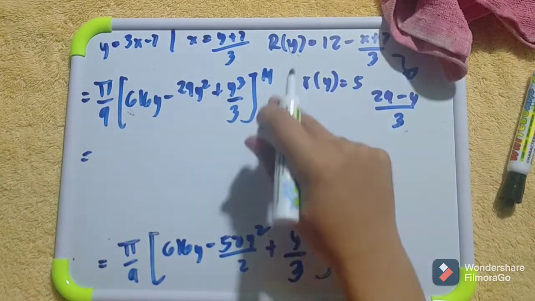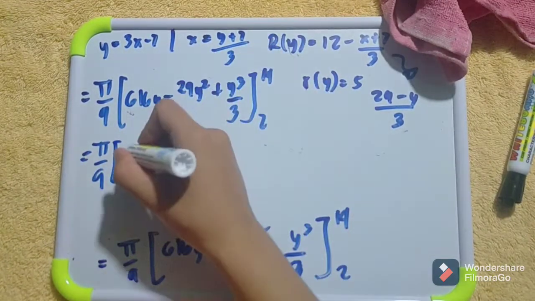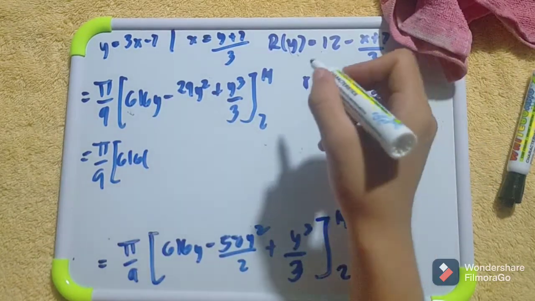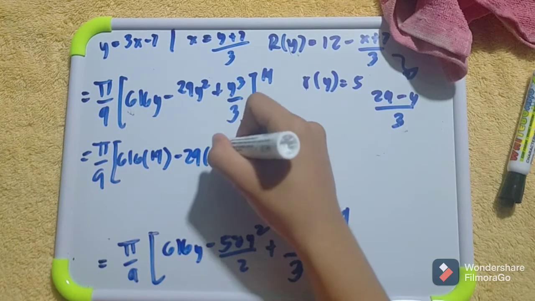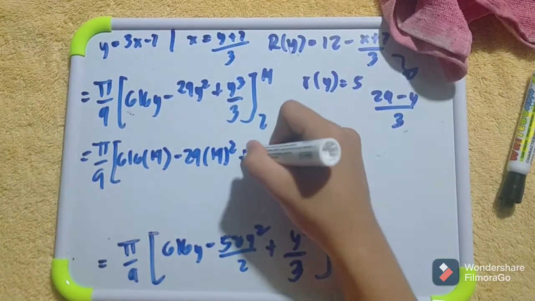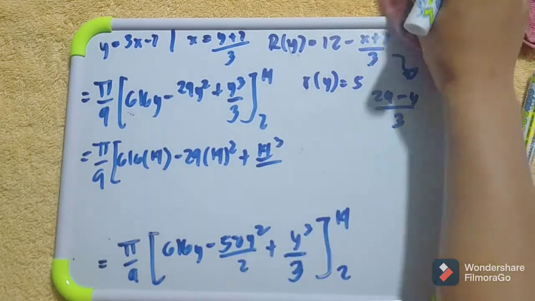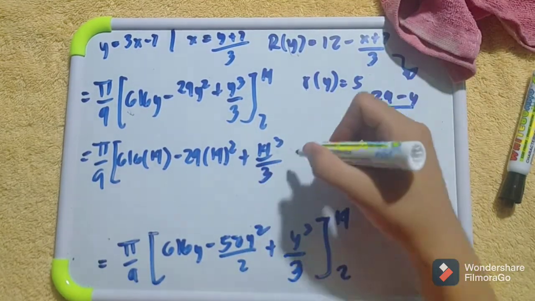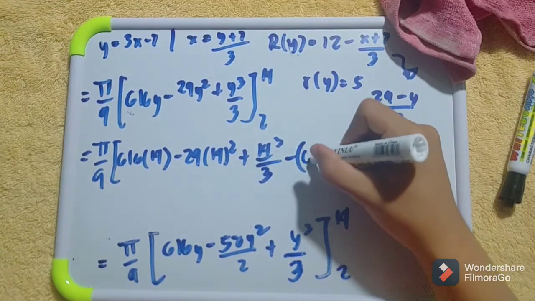And then we substitute our limits. So it becomes pi all over 9 times 616 times 14, minus 29 times 14 squared, plus 14 cubed all over 3. And then minus, the next limit is 2.